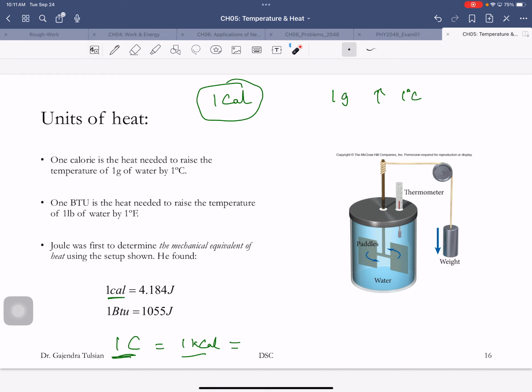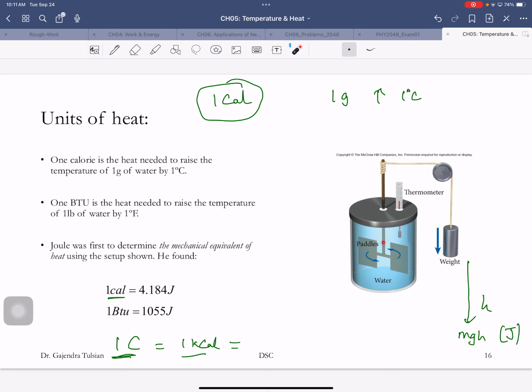Okay, so you can see that here's a weight hanging by this rope, and as this weight falls, this rope unwinds, it turns this paddle, and when the paddle turns, it warms up the water. When this object falls a distance h, it loses this much energy, which can be calculated in joules.